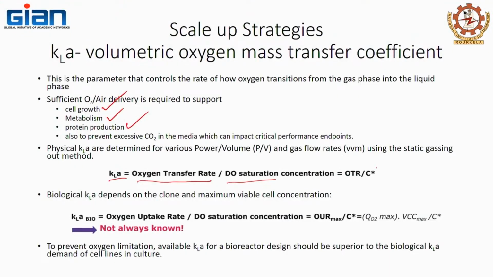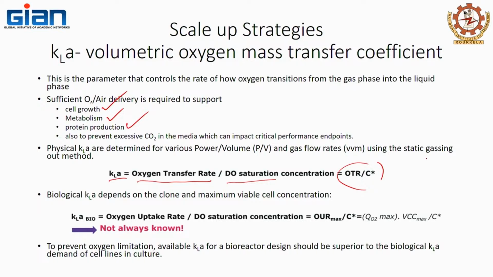Anyways, so the KLa is defined as oxygen transfer rate divided by the DO, which is your dissolved oxygen saturation concentration. So, OTR divided by the C star. Biological KLa depends on the clone and maximum viable cell concentration.